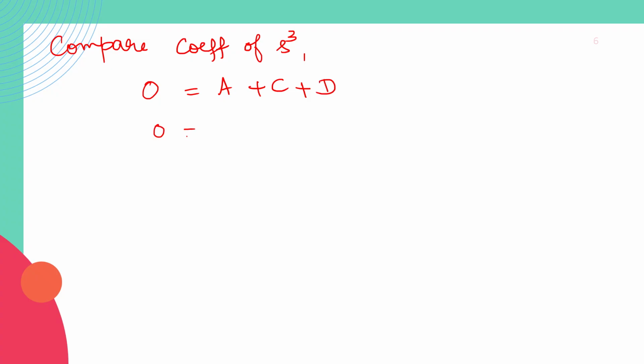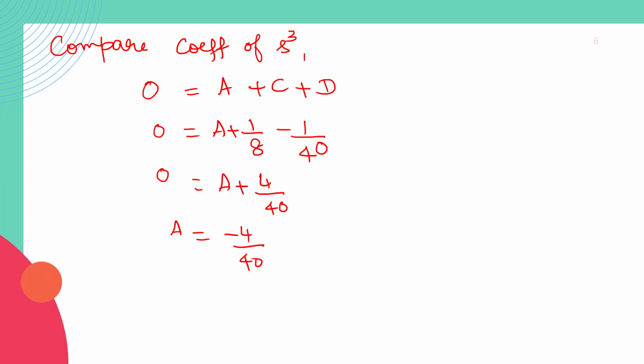And we very well know the value of c is 1 by 8, and d is minus 1 by 40. So it is 0 is equal to a plus, you take an LCM, it will be 4 by 40, or otherwise this implies a is equal to minus 4 by 40. For the simplification, it gives us a is equal to minus 1 by 10.